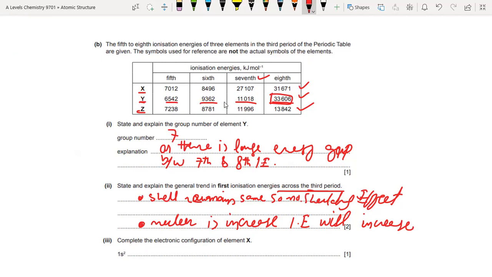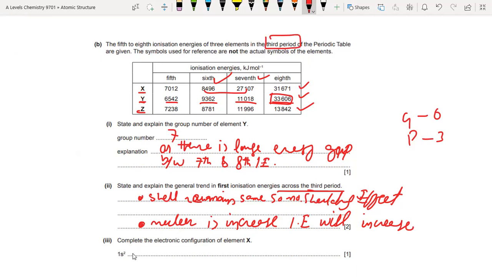X has large energy gap between 6th and 7th ionization energies. It means this belongs to group number 6. Group 6, period 3. Period number is already given in the question.